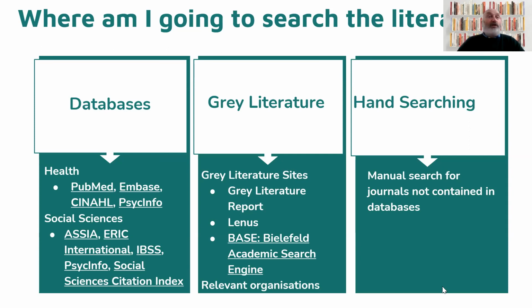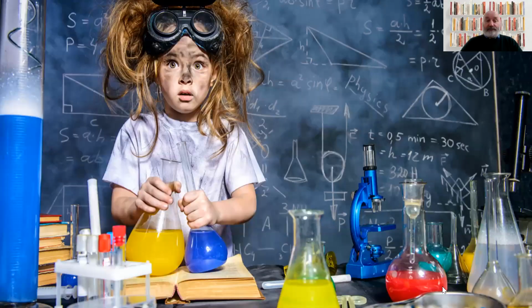So it's totally legitimate to explicitly say in your protocol that you're going to hand search X or Y journals. All it really involves is going to the table of contents and identifying those articles. And as Vanessa mentioned, you would then be able to report those in the PRISMA flowchart as well. The key thing here is reproducibility and transparency in this process.